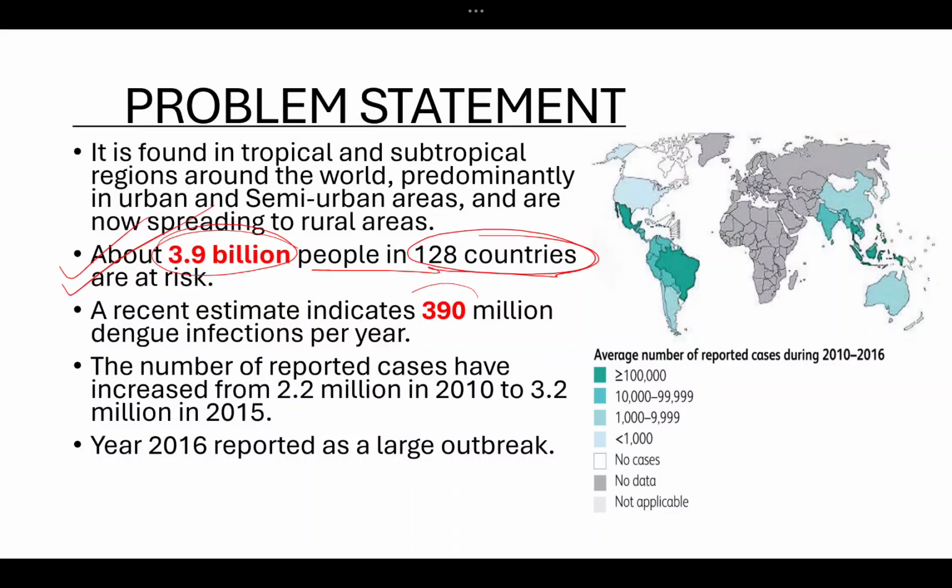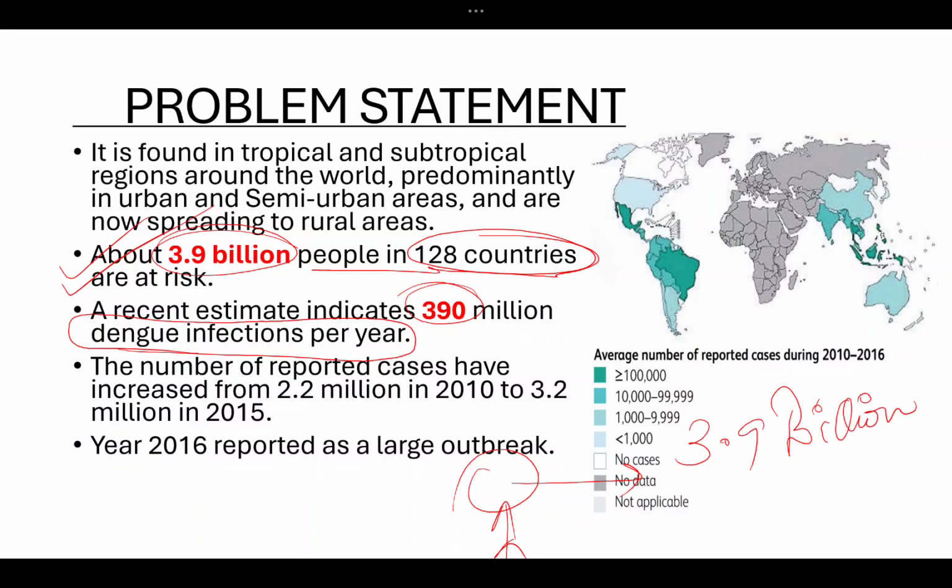A recent estimate showed that 390 million dengue infections are seen per year.